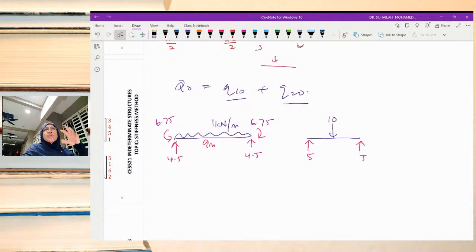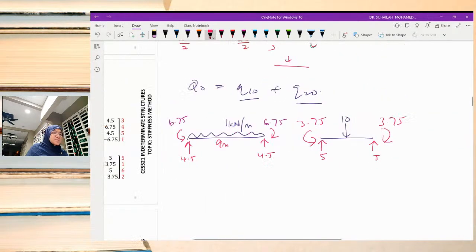Don't worry about the formula because it is given; however, the behavior is important. The PL over 8 acts in these two directions, and the value is 3.75, from PL over 8.